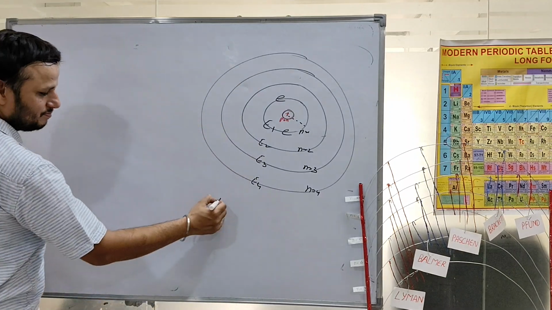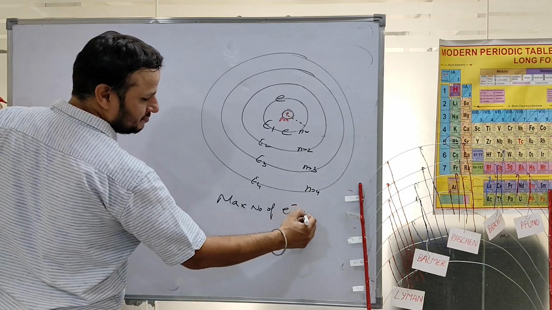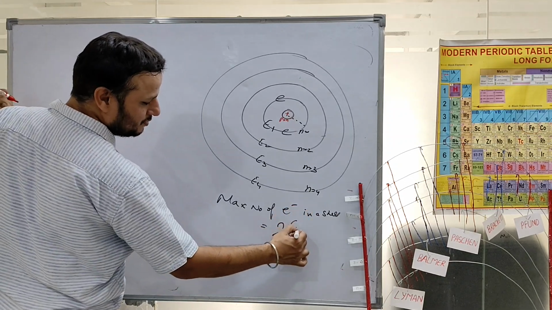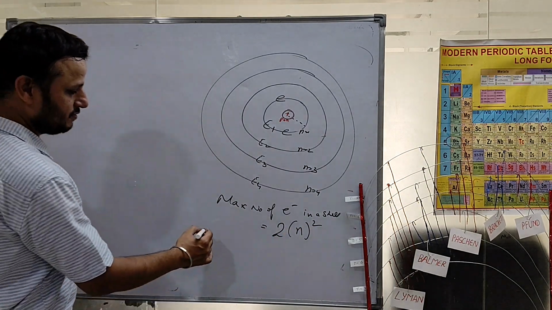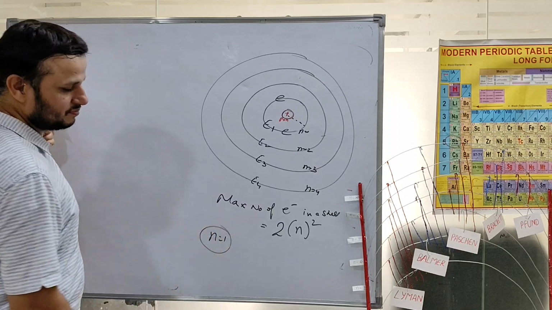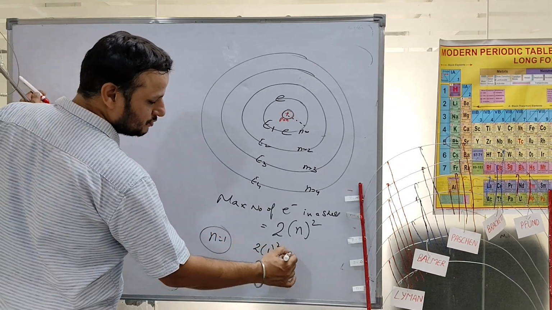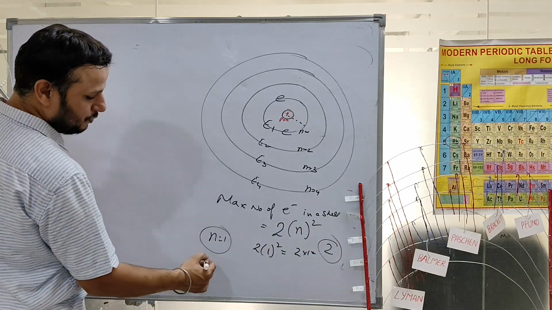So the maximum number of electrons in a shell is equal to 2n square, which means if n is 1, then electrons can be 2 into 1 square, which means 2 into 1. So the first shell can have 2 electrons.